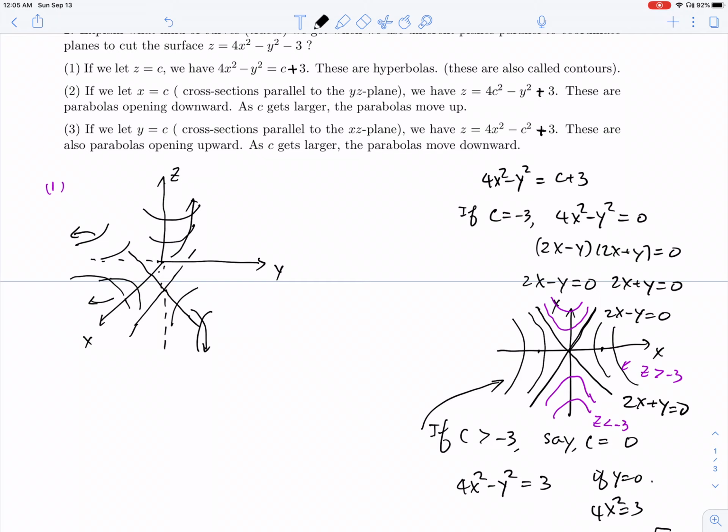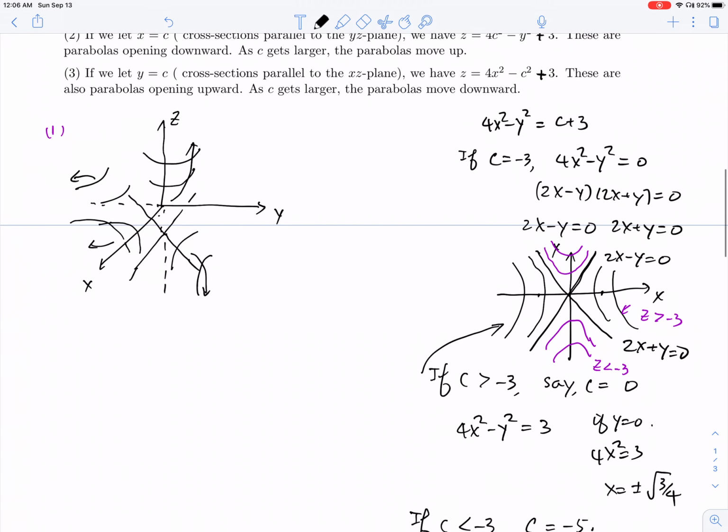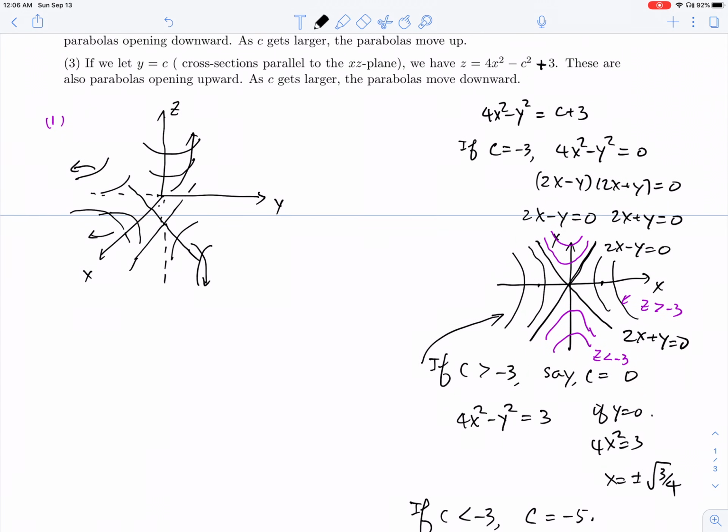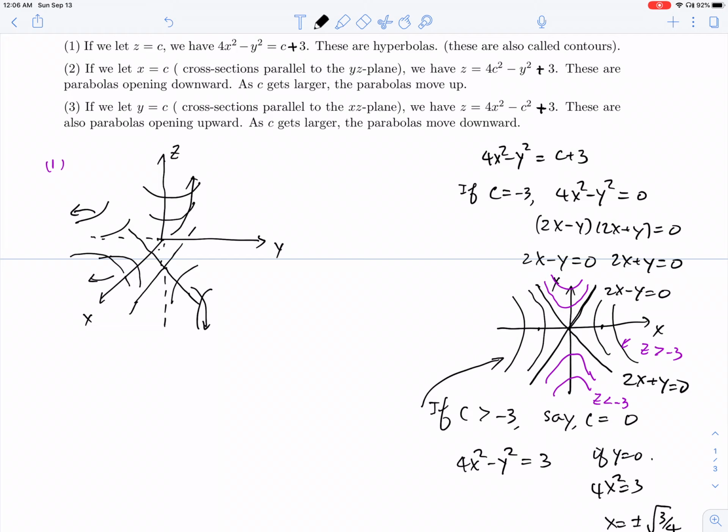This one doesn't look like really a nice curve, nice surface, but that's something we can see from the contours. Now, let's try another set of traces. It may actually show us a better picture of the surface.